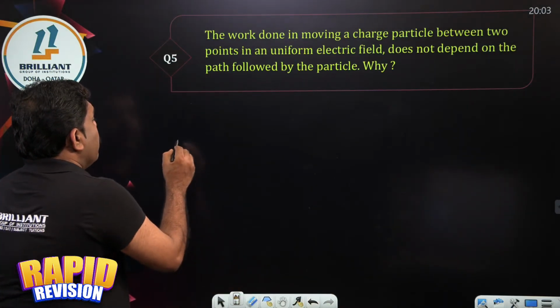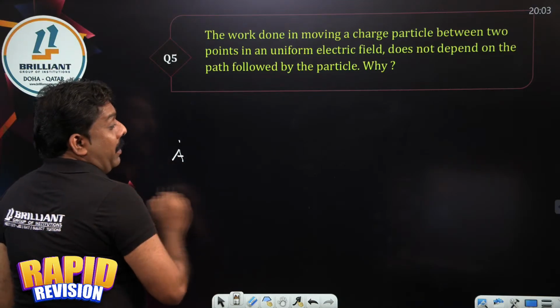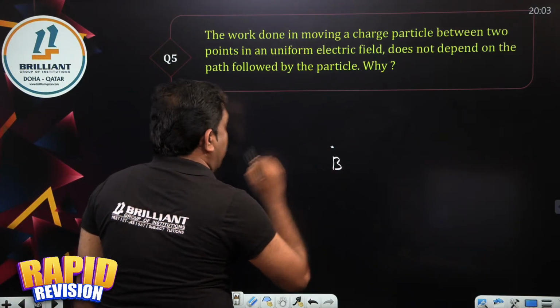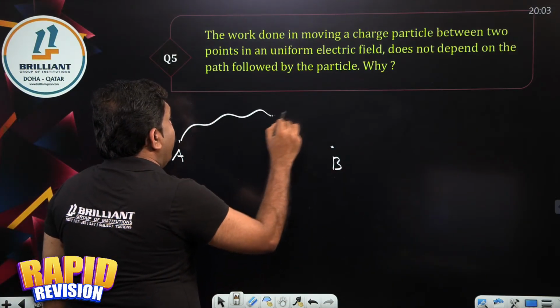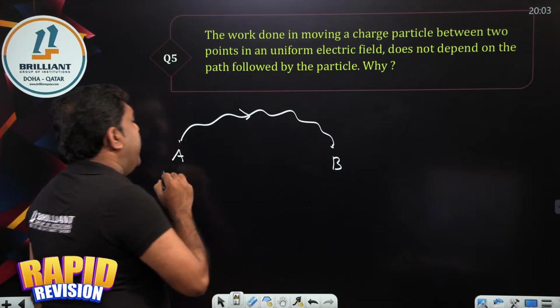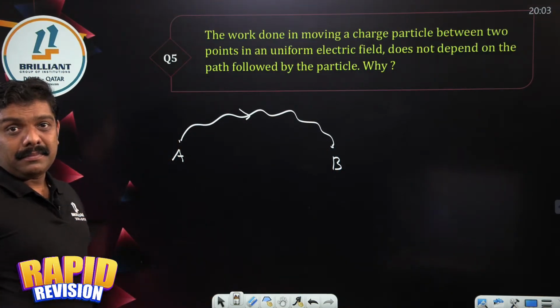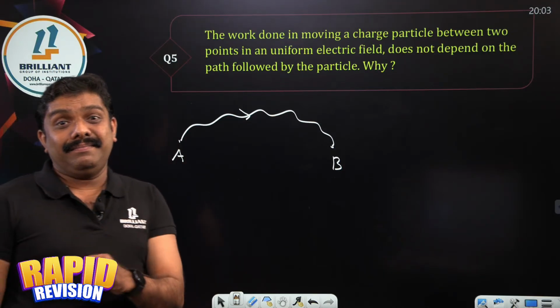Suppose there is a point A and there is a point B. A charge is moving from the point A to point B. How much is the work done?